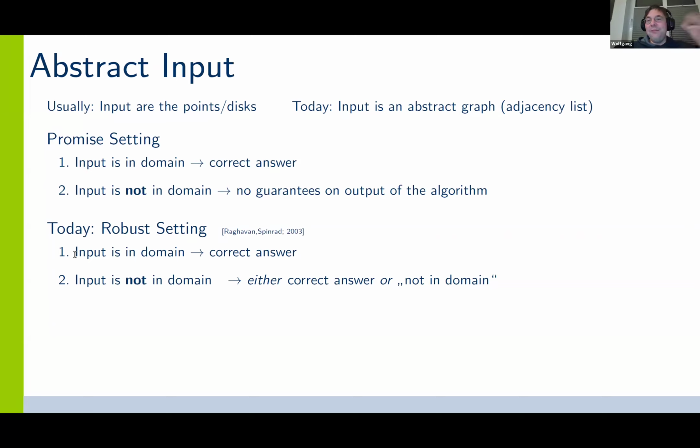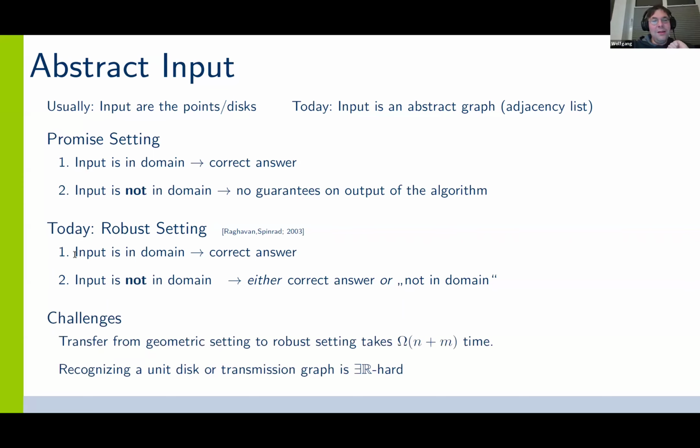But I have a guarantee. So there's always a guarantee. Also, if they're not in the domain, either I get an answer, and if I get an answer, the answer will be correct. And if I do not get an answer, then the algorithm will be correct in telling me that the reason why I do not get the answer is that the property that I need is not fulfilled. Yeah, does it make sense to get this definition?